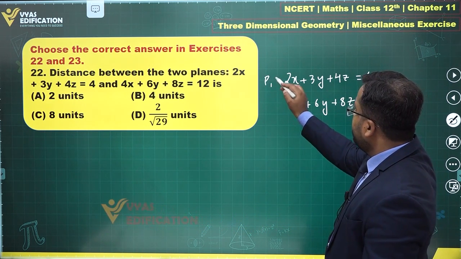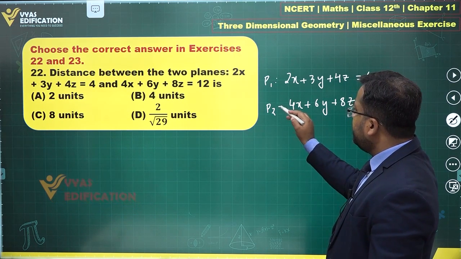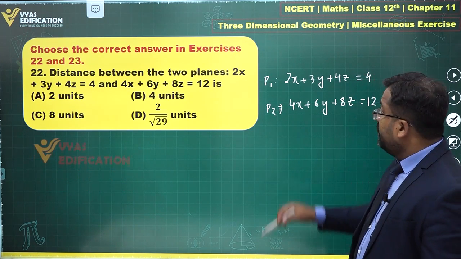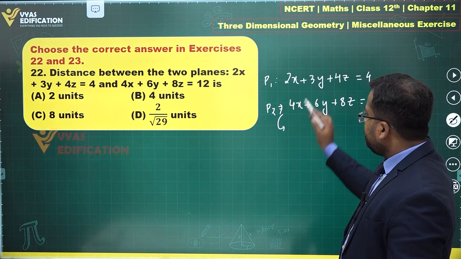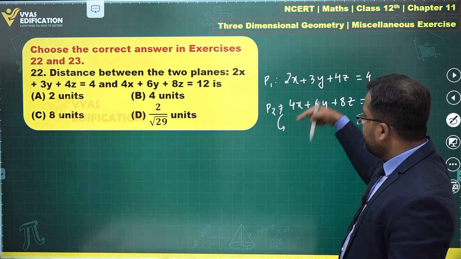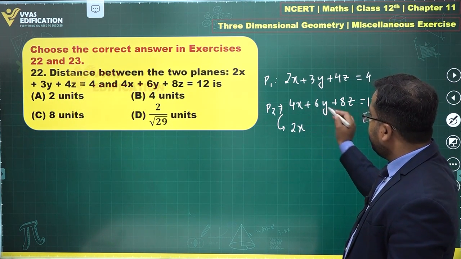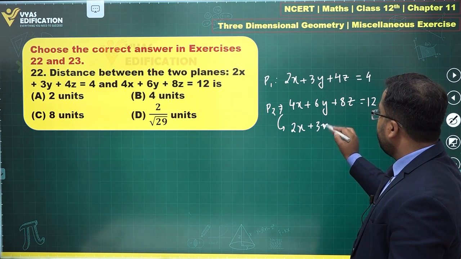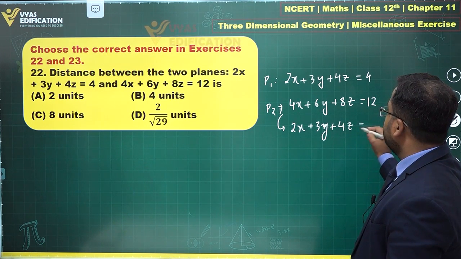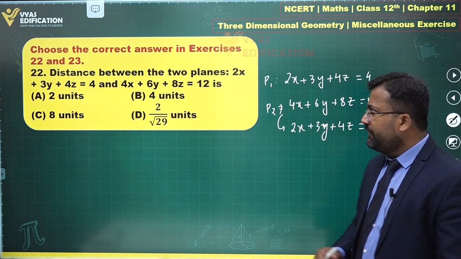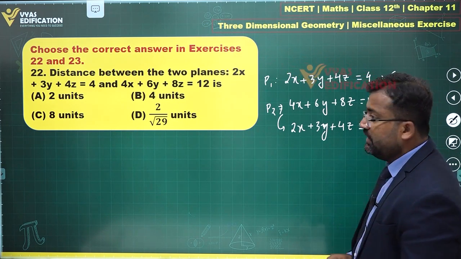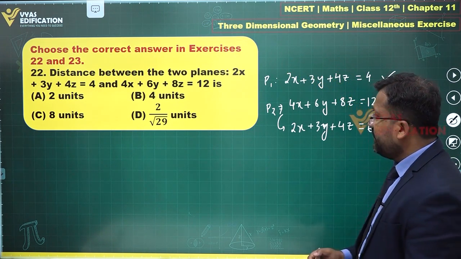This is P1 and P2. It actually seems parallel, but the coefficients are not the same. We'll have to write the coefficients in similar terms. So what we'll do is divide by 2 throughout. This is 2x plus 3y plus 4z is equal to 6, right? This is what you have. So now this and this have the same coefficients for x, y and z.